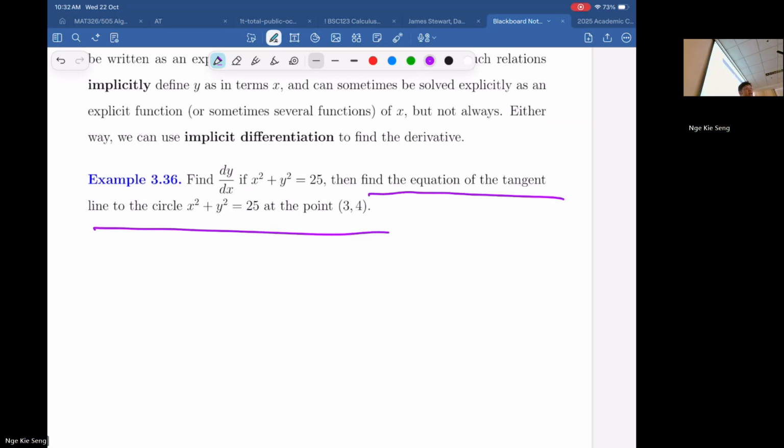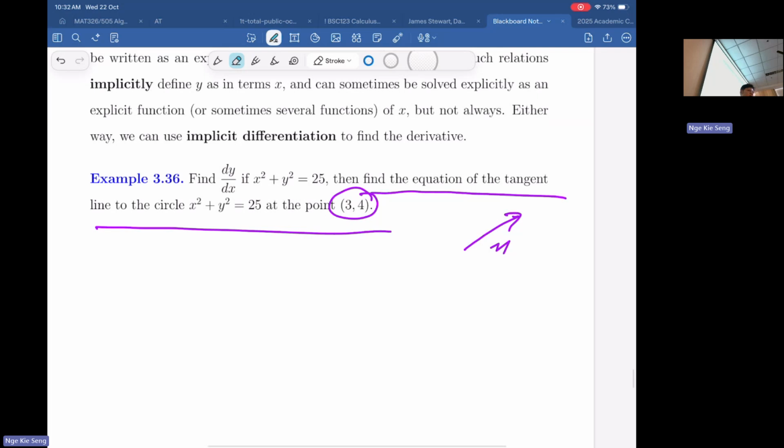You need to start with a point and then a gradient, and then you use the gradient equation. So you have a point, then you need to find the gradient. This is what we're going to do now. After finding the gradient, I will leave you to find the tangent line.